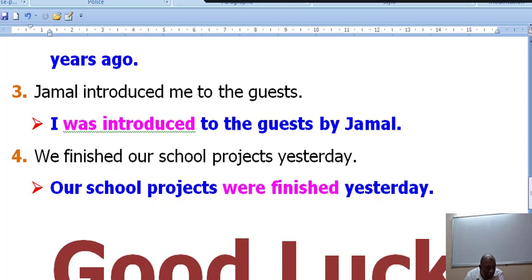Number 4: we finished our school project yesterday. Our school projects, in plural, we should bring were. Finished, already regular, it becomes were finished yesterday. So we have limited ourselves to 2 tenses here, simple present and simple past, simply because we have just the main verb.